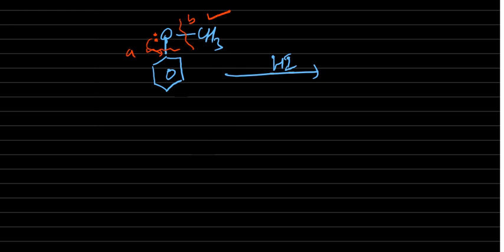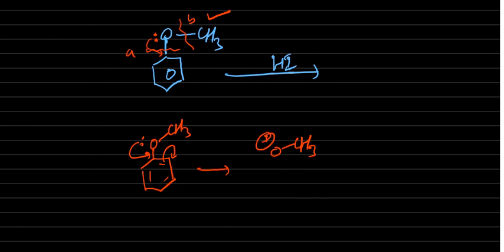See, I will write one mechanism here. In OCH3, the oxygen has two lone pairs. One of the lone pairs is donated, then immediately the benzene pi bond shifts, so oxygen gets a positive charge and the benzene ring gets negative charge at ortho and para positions.